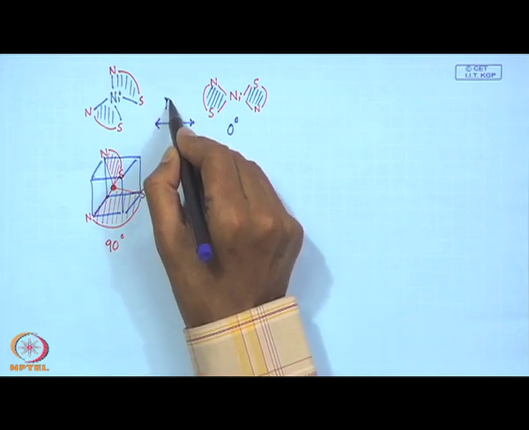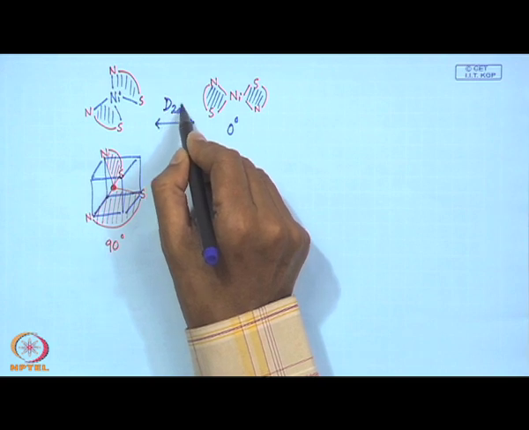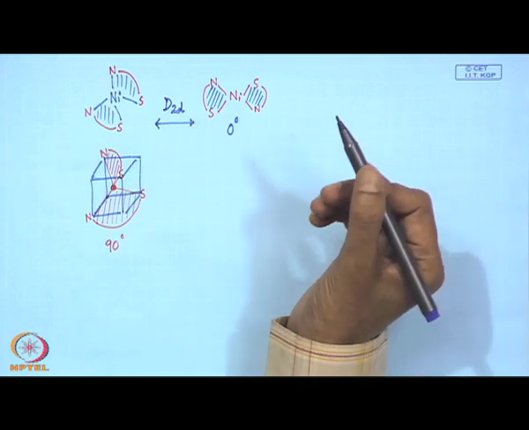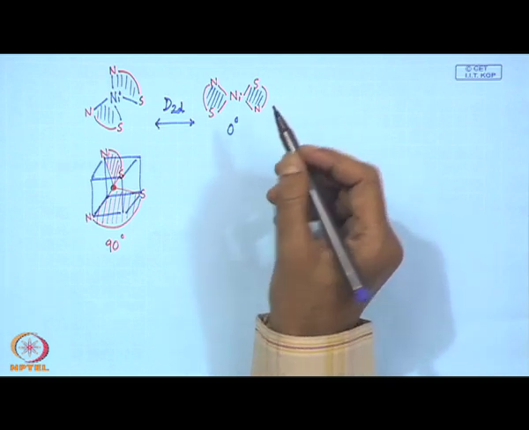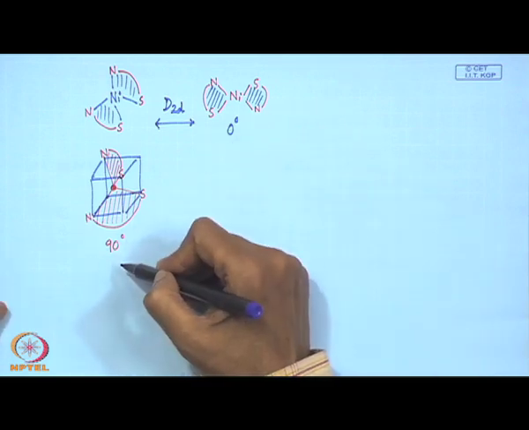For the in-between geometries we have structures with D2d geometry, which varies from 0 to 90°.